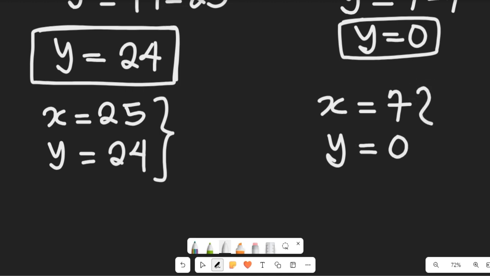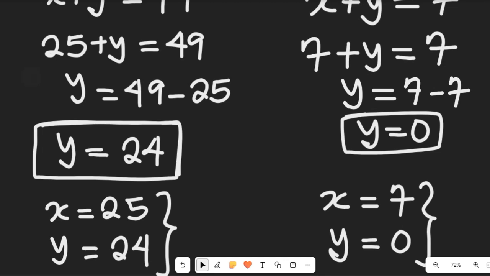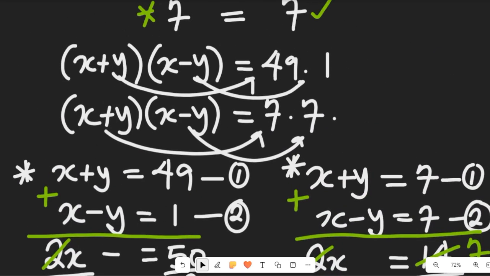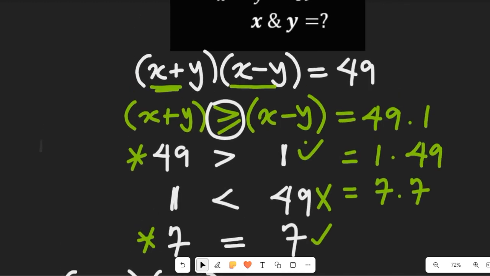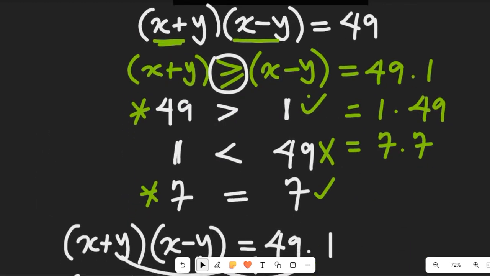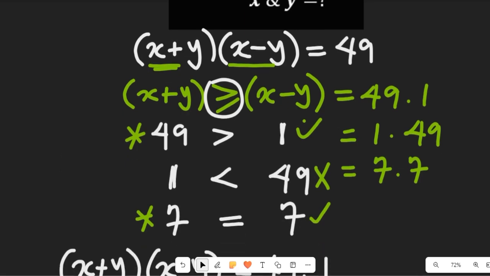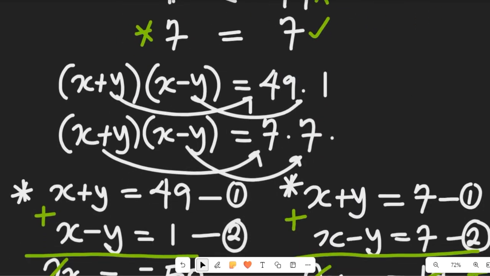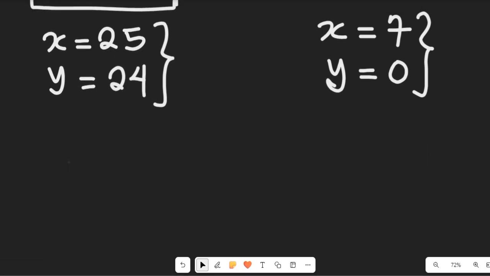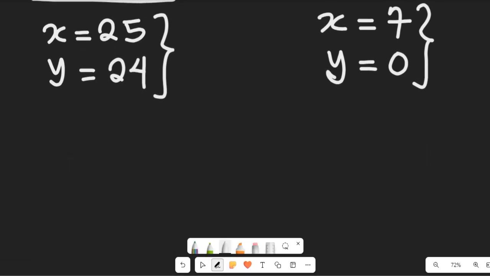Now, how can we confirm that these two separate pairs of solutions are the right solutions to the expression given to us? Let's check. From the initial expression, we are given x squared minus y squared equal to 49. Now let's check to see if our results are actually correct.